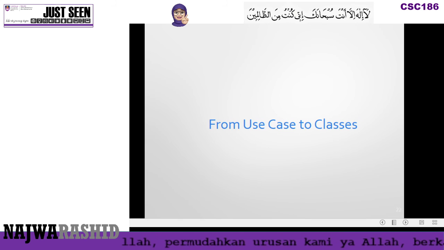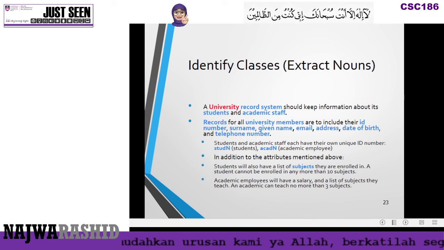Okay, next point, from use case to class. The University Record System, URS, keeps information regarding students and academic staff. Based on this, you know that you have the objects student and academic staff, and they have a lot of attributes, such as student ID, email address, and date of birth.